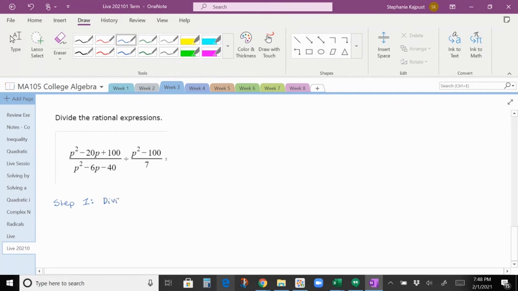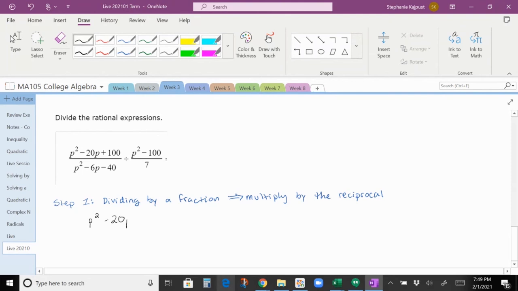So dividing by a fraction means that instead we multiply by the reciprocal. You're taking the fraction that's after the division symbol, you flip it, and you turn it into multiplication.